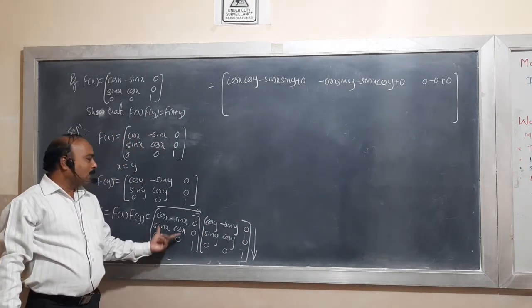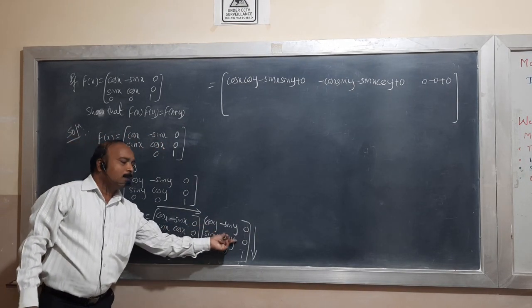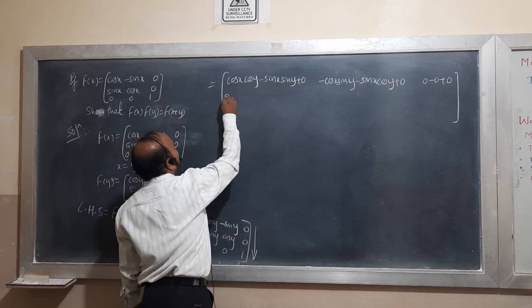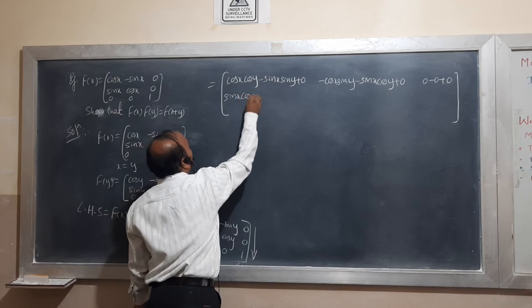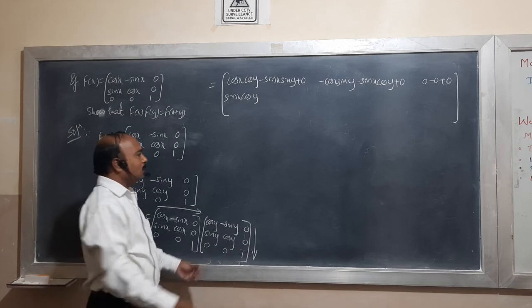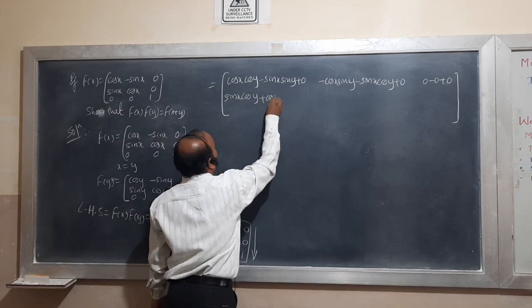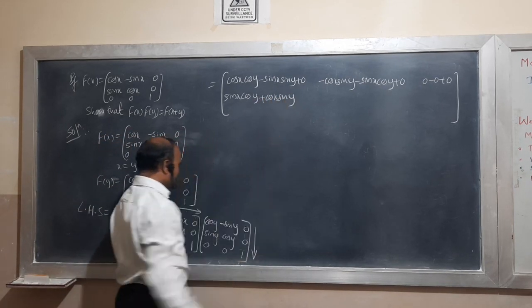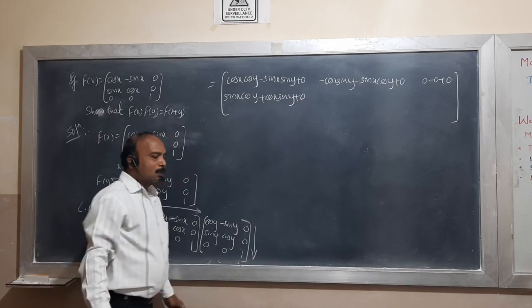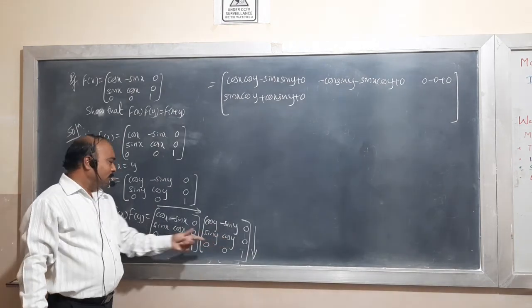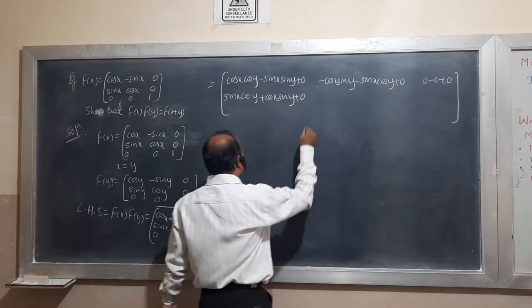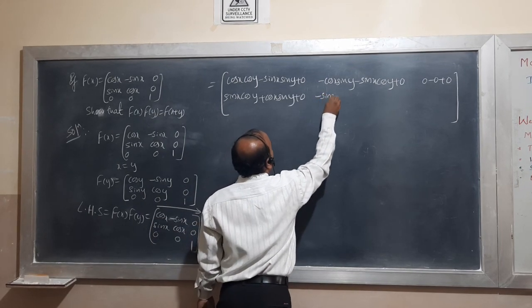Similarly go for the second row with the first column, second column and third column. Sin x into cos y, it is sin x cos y. Next cos x into sin y. Next 0 with 0 plus 0. Next second row with second column, sin x into minus sin y, it is minus sin x sin y.